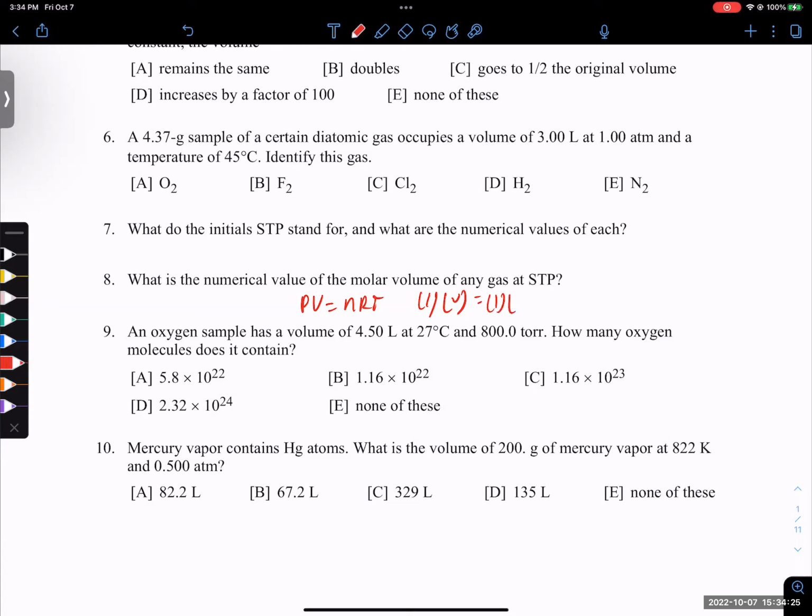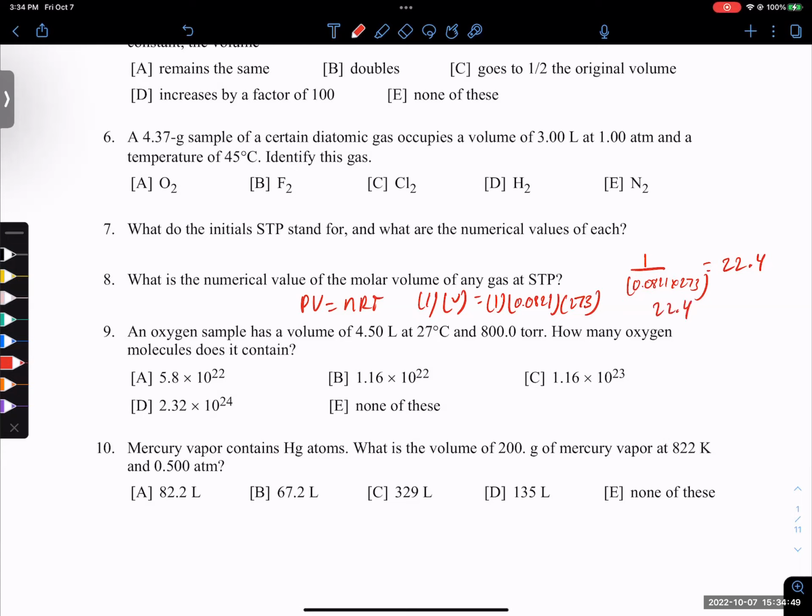Our R is 0.0821, and our temperature will be 273 Kelvin. When we solve this out, we get 1 over 0.0821 times 273, which should be approximately 22.4. That's why at STP conditions, we say that 1 mole of gas is equal to 22.4 liters.